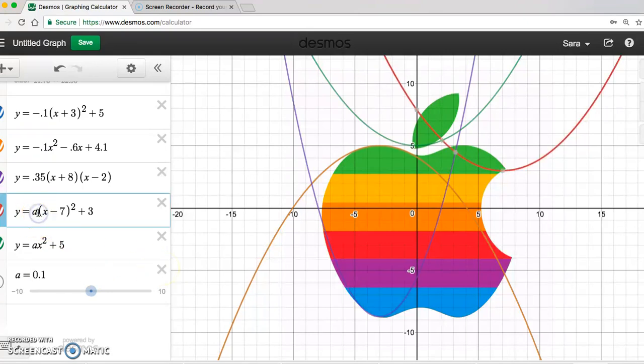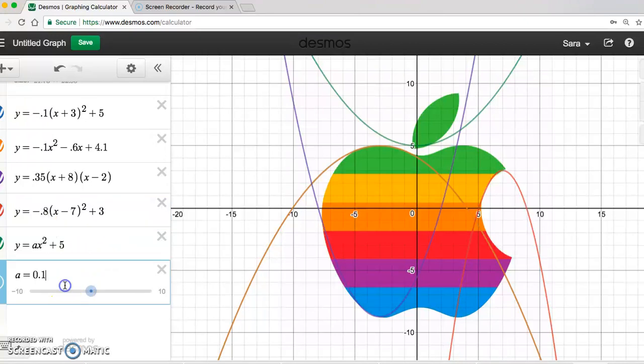Oh, I need to type in, there we go. Okay, so now we're just adjusting. Do you see I adjusted both of those at once? So you could do that as well. Still at 0.2.